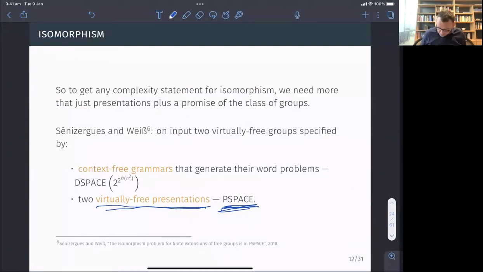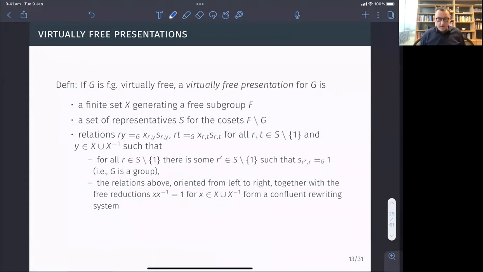So what is a virtually free presentation? Well, there's quite a lot on this slide, but I wanted to put it here so you can refer to it later if you're interested. It's a finite set of generators for the finite index free subgroup, together with a set of coset representatives.